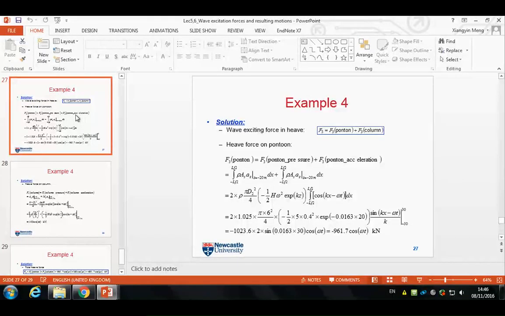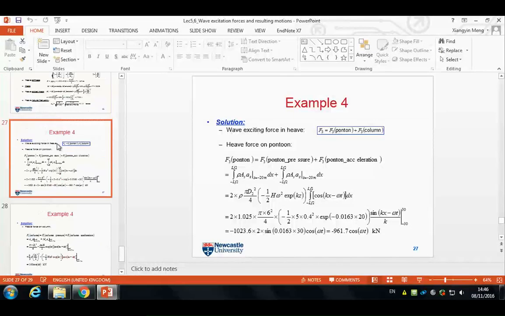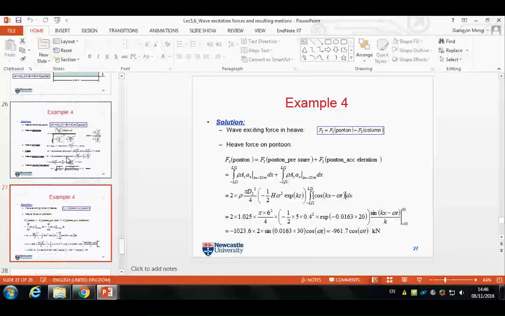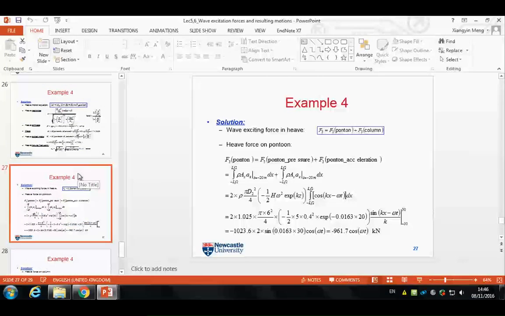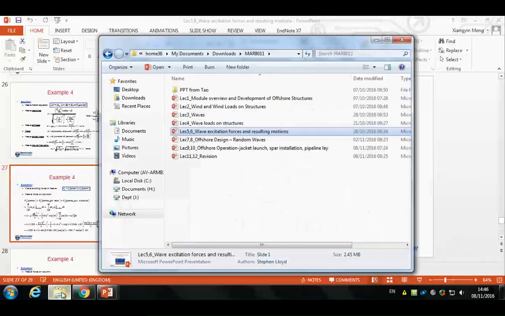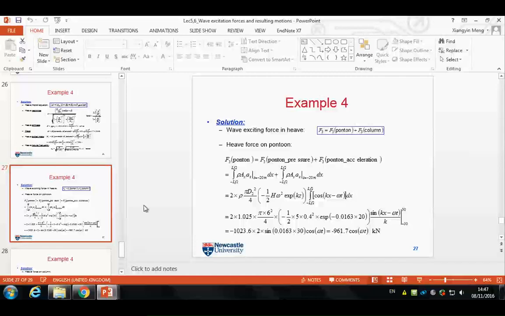No, it's from the dynamic pressure. It's from the particle acceleration. But they're the same in this particular case, because if you have that table, you can see that in this case the added mass will be exactly the same as the real mass. So that's the reason why it's just doubled. You can get this from that table. Okay. All right. Thank you.